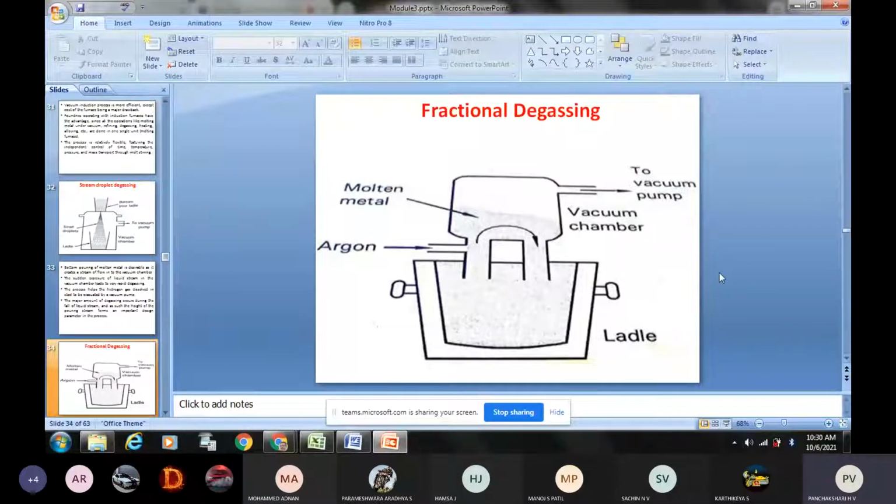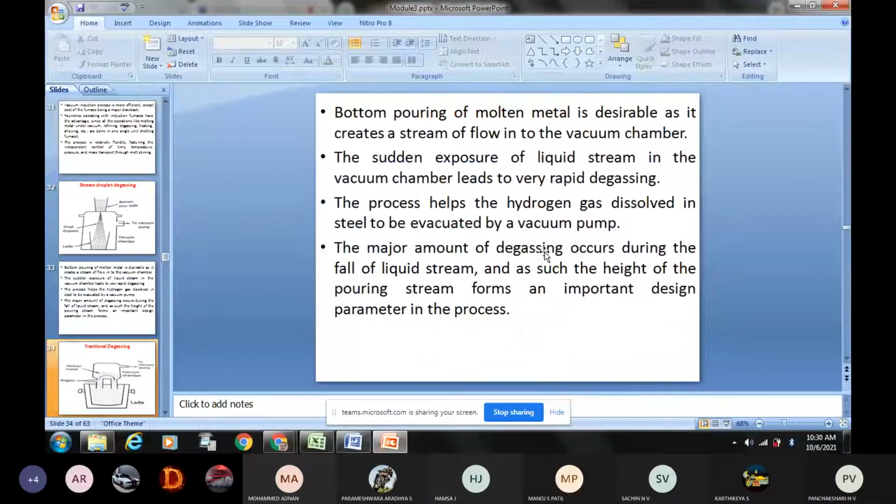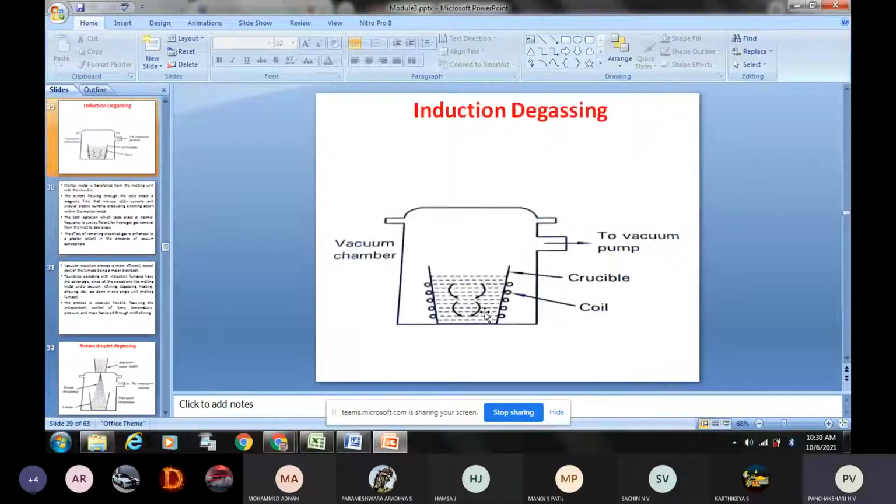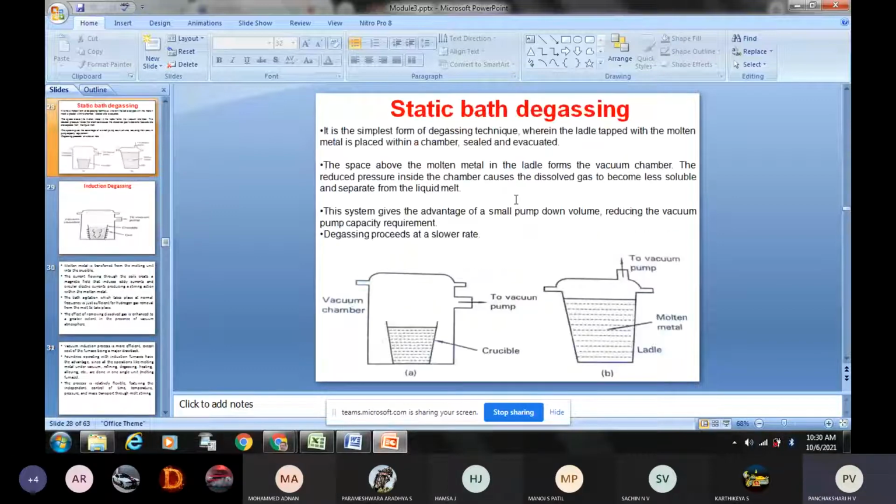In the previous cases, induction degassing and static bath degassing, what is happening? The entire liquid metal mass, the entire quantity of liquid, is trying to degas at a time.